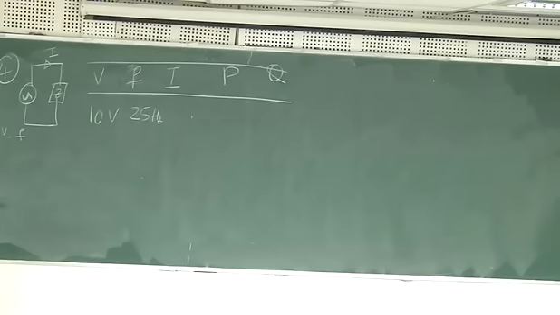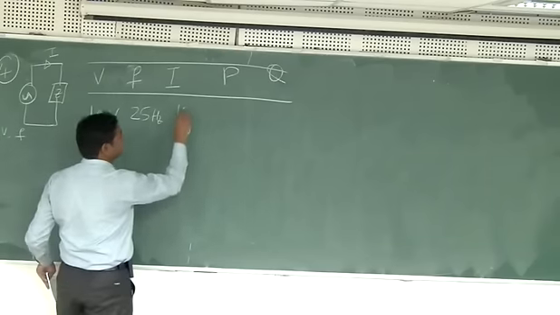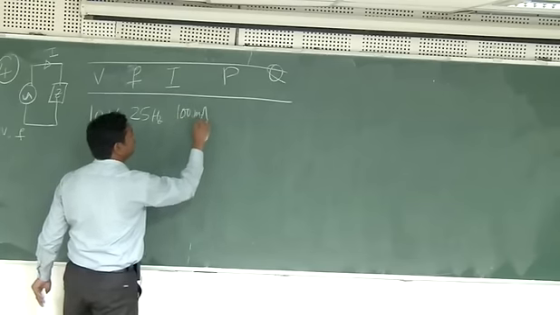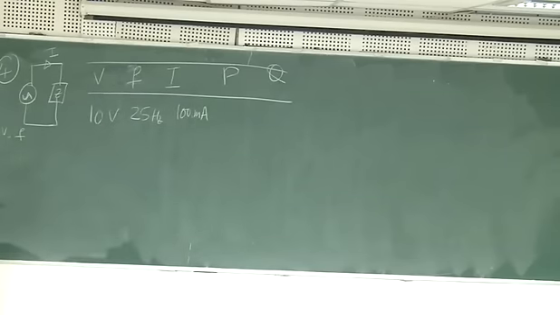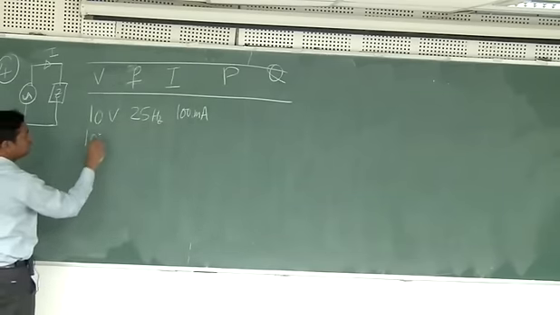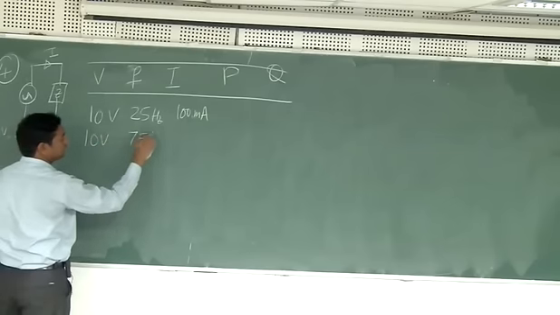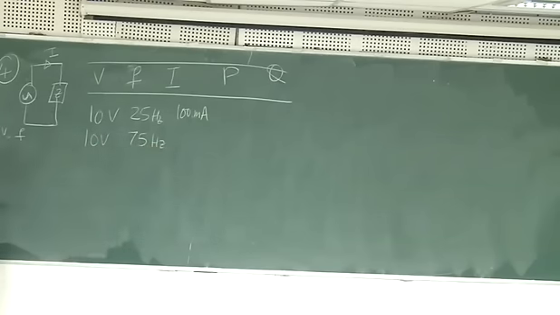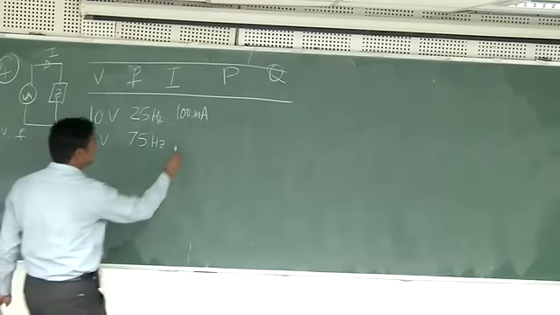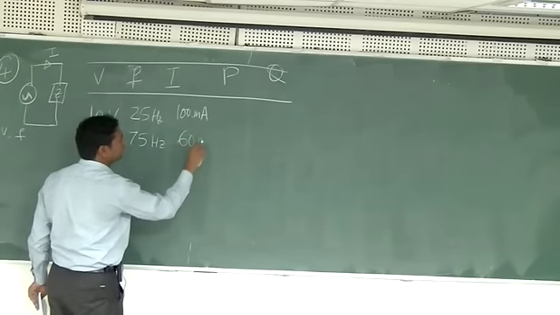Then I find that the current is 100 milliamperes. In the second case, I'll take 10 volts and apply 75 hertz. In that case, I find the current is 60 milliamperes.